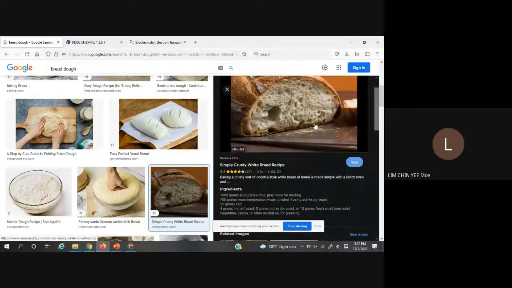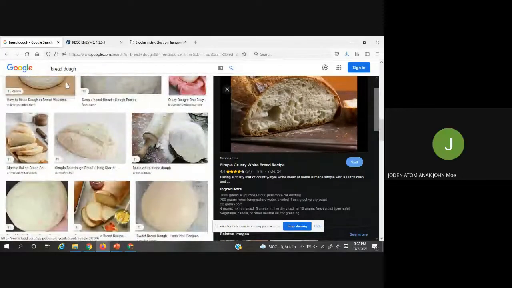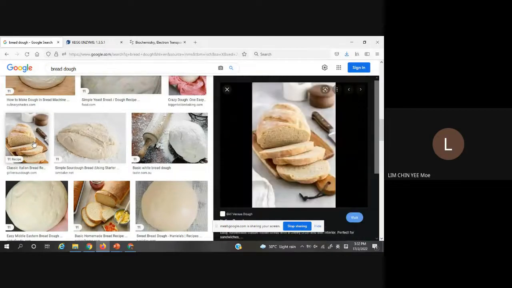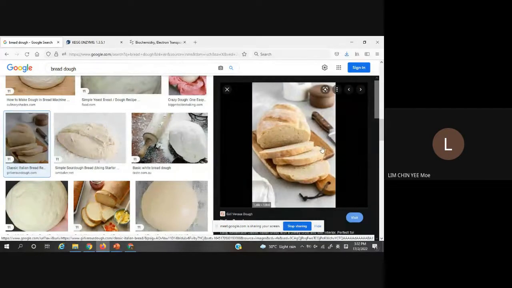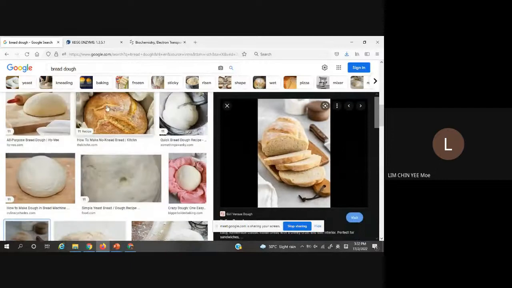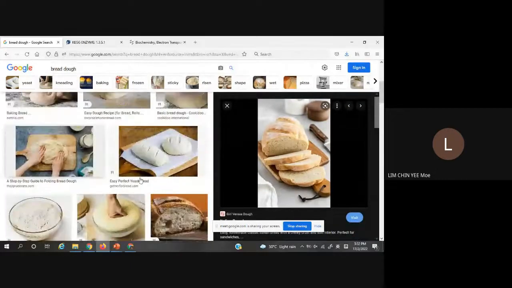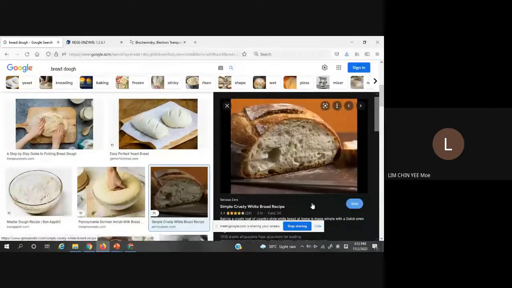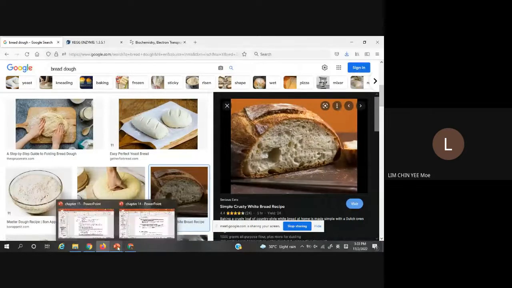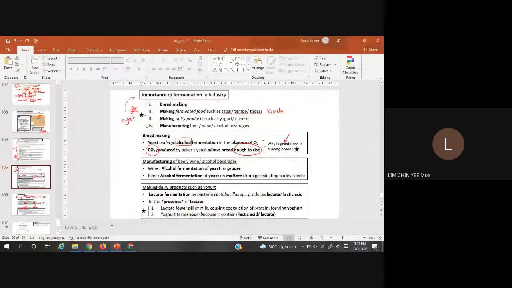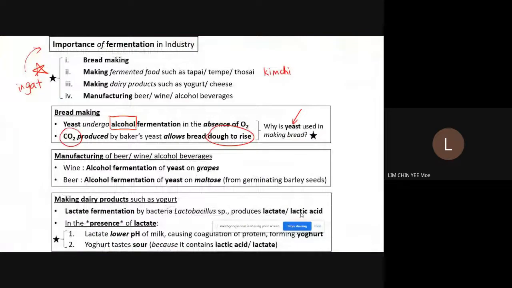Sebab carbon dioxide ini produced during what process? Alcohol fermentation, bukan decarboxylation. Carbon dioxide ini produced disebabkan oleh alcohol fermentation. During alcohol fermentation, dia ada release carbon dioxide. That's how you answer it. Bukan decarboxylation.